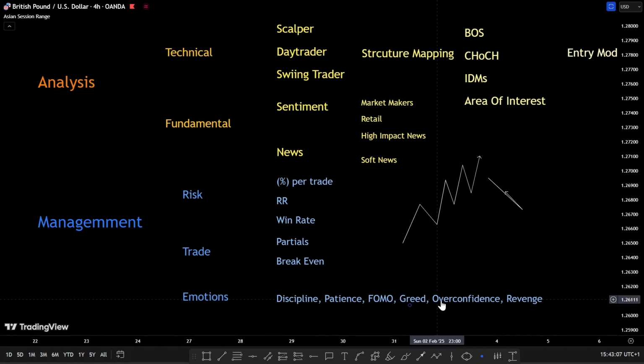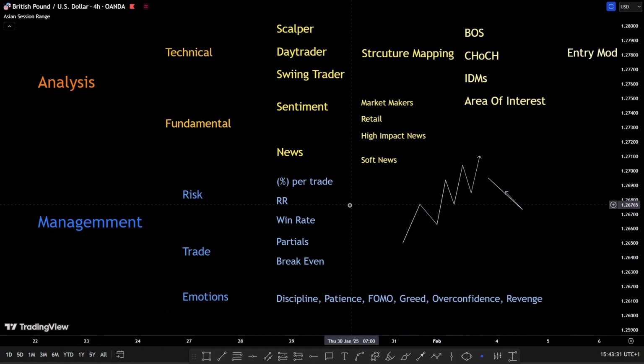We also have greed and overconfidence, which are linked together as well, because the greed will push you to take higher than expected risks. And the overconfidence as well will push you to take higher risks, because you just feel very confident, and you say, yeah, this trade will definitely work for me, so I'll risk a little bit more. So this is the overconfidence, and you end up in greed.